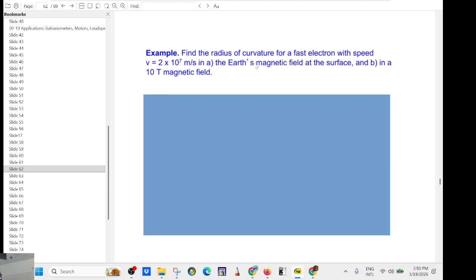Now, question B is if the magnetic field is now 10 Tesla. So you increase the steering, and now you should get a sharp turn. So do the computation again: the mass times the velocity, enter, divide by the charge of the electron, enter, divide by 10.